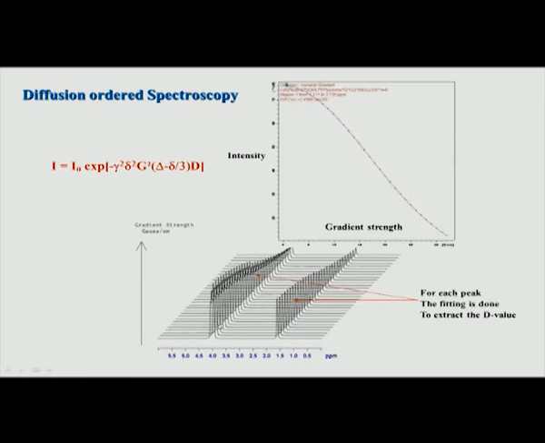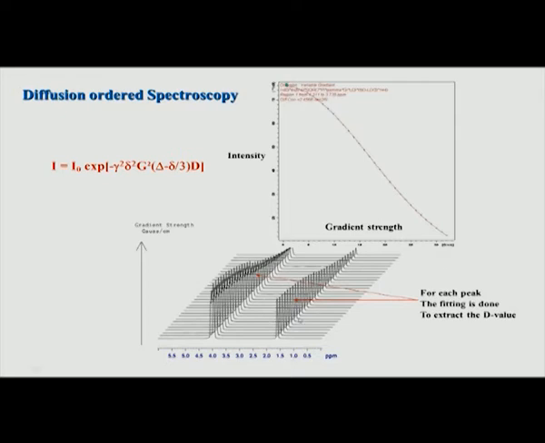What is done is that for each peak in the spectrum a D value is calculated. It is not that D is calculated for the whole molecule, D is actually calculated for each and every peak in the spectrum. If all the peaks belong to the same molecule, then obviously you will get the same D value for all the peaks, but you may have a mixture of molecules which have different D values.